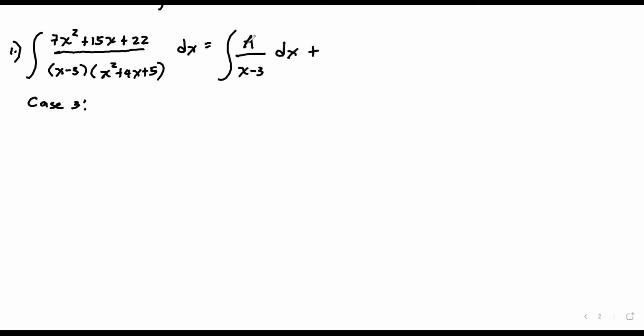Plus, sa unang class, dahil ito ay linear, A na muna ang nasa taas. Hindi mo muna kukunin ang derivative. Okay? Plus, next one, B, get the derivative of this. Kasi ito yung magiging denominator natin dito. So, derivative of this is 2x plus 4 plus C over another factor, x squared plus 4x plus 5 dx.